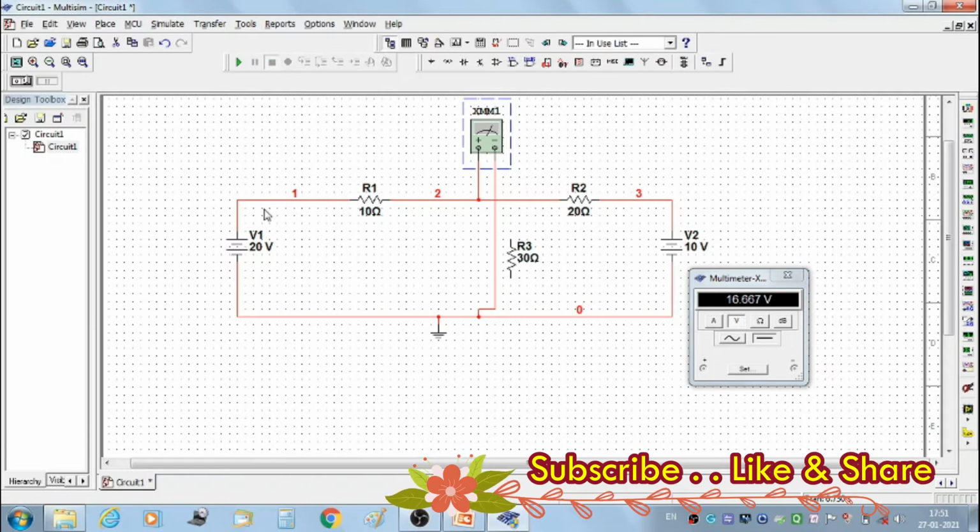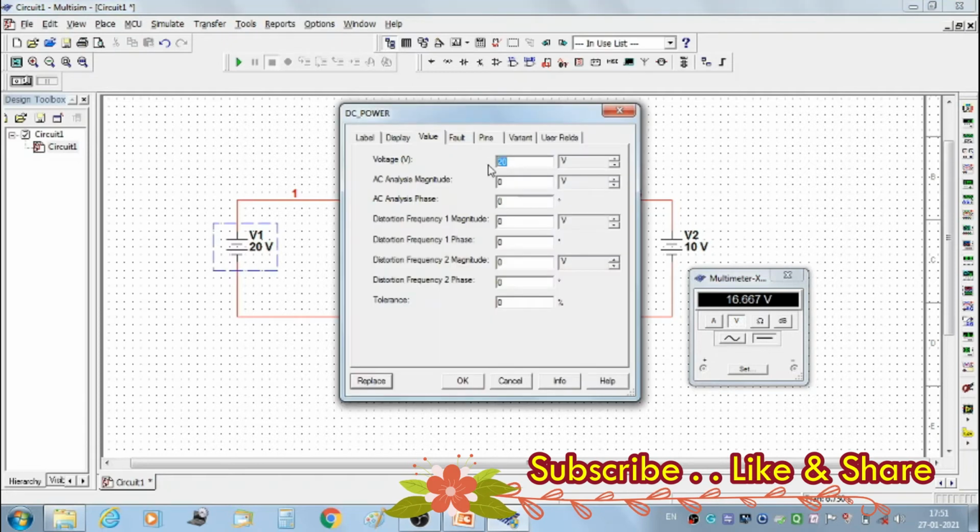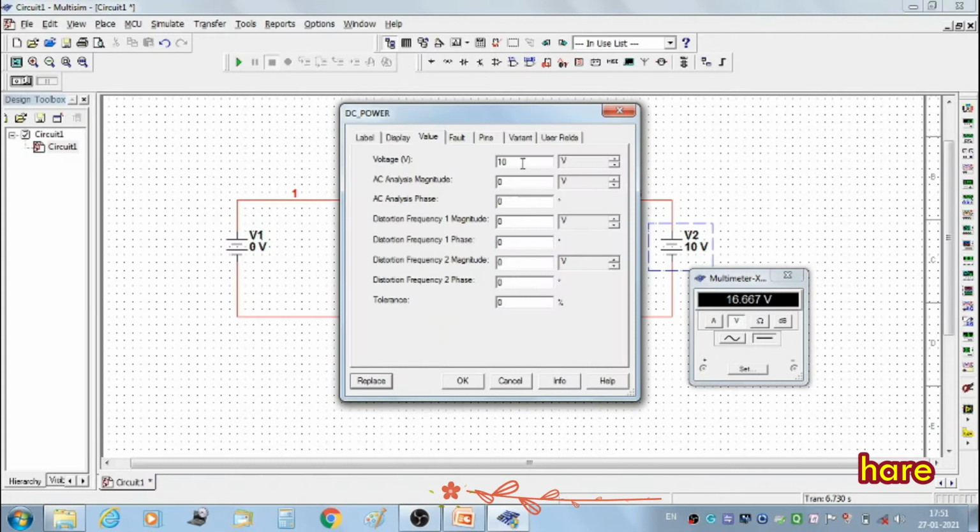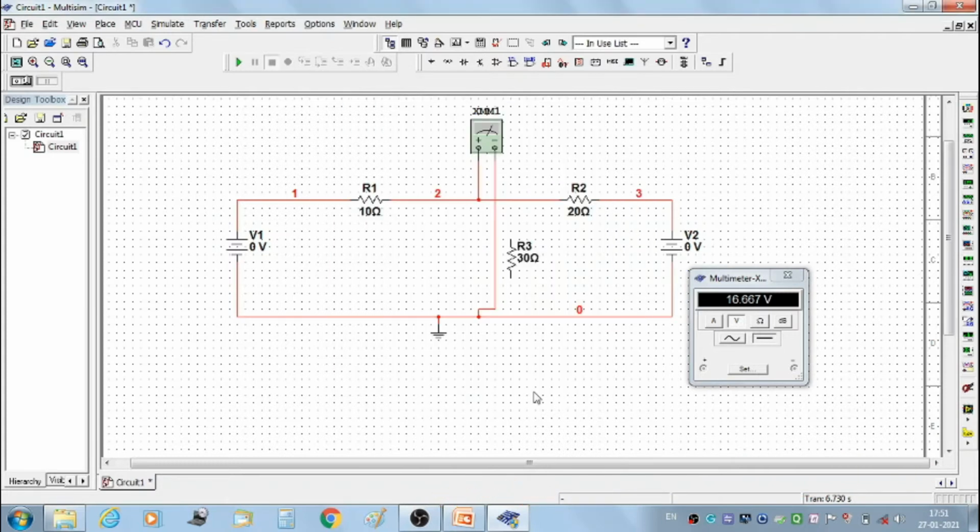Then short circuit the voltage sources V1 and V2. Either you connect a wire by short circuiting it, or make V1 0 volt and similarly V2 0 volt. This means these two voltage sources are inactive in the given circuit.